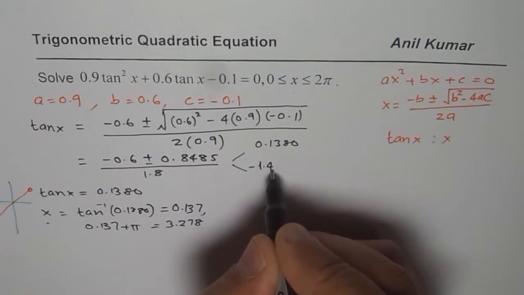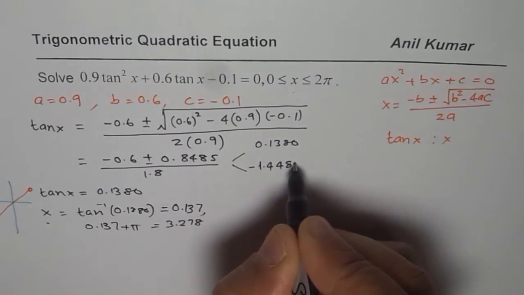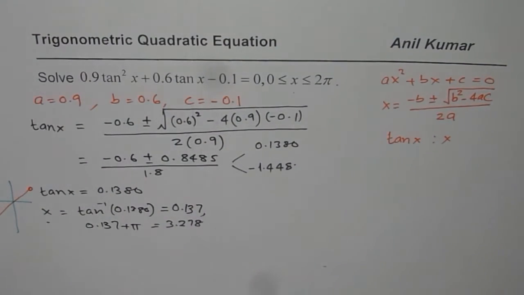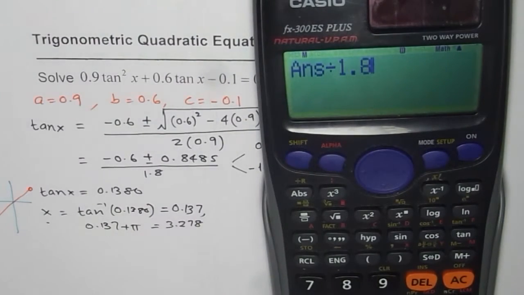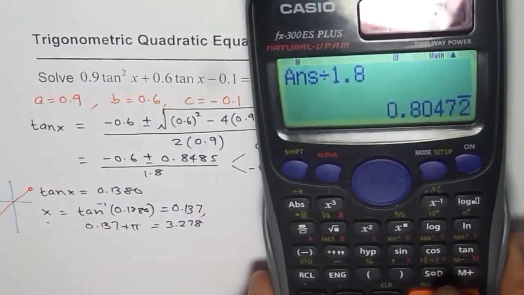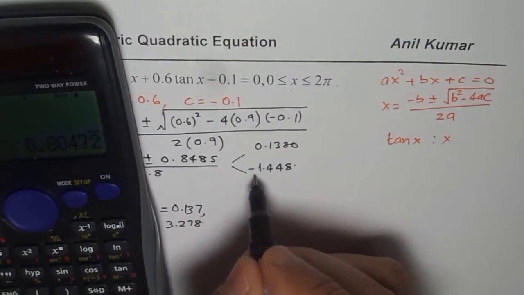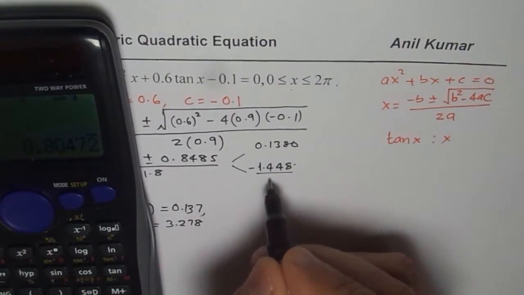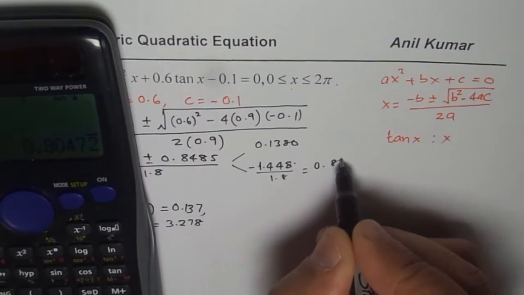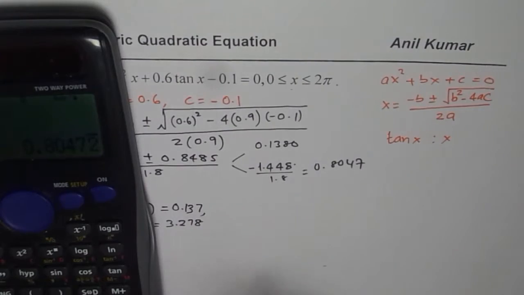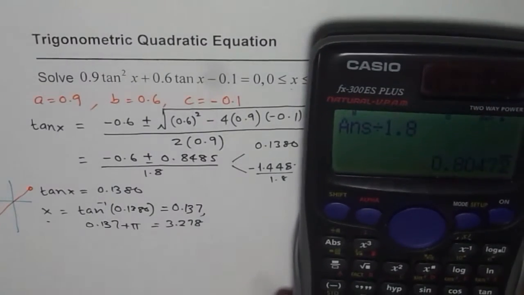Okay, I have to divide by 1.8 also. Divide by 1.8 equals, in decimals, 0.8047. Okay, so we get this value.